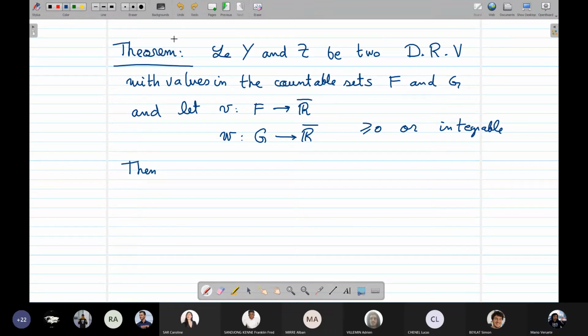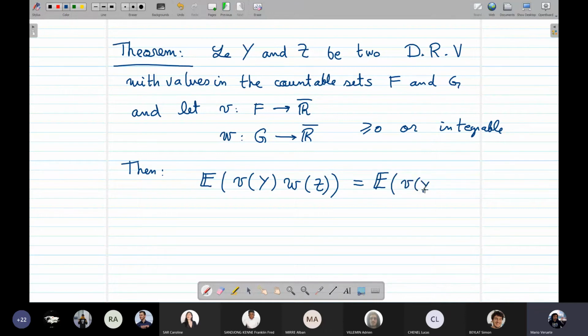Then the expectation of V of Y times W of Z is actually equal to the expectation of V of Y times the expectation of W of Z. As you know, Y and Z are random variables.